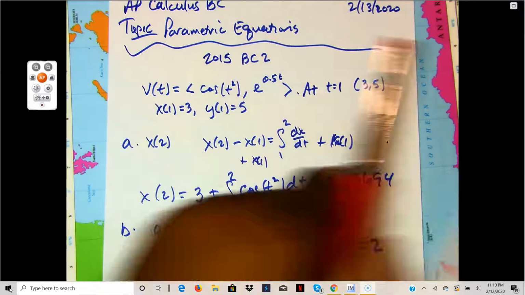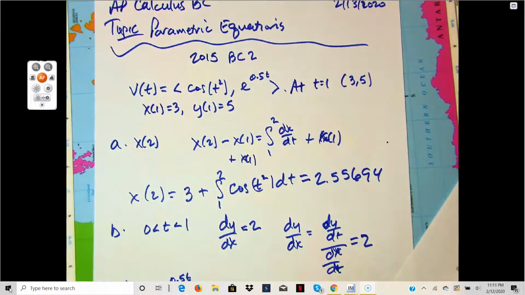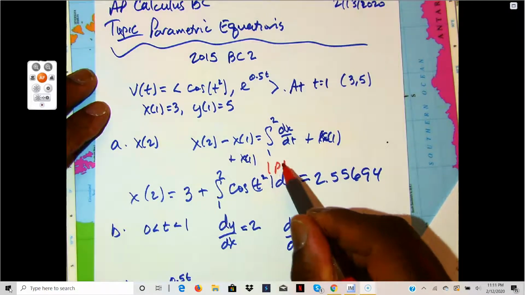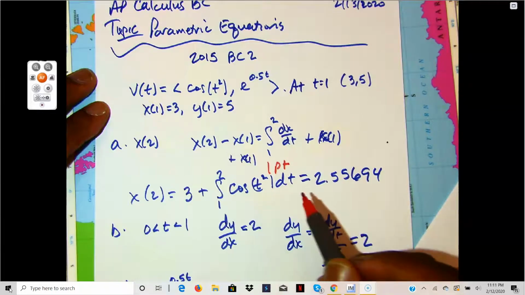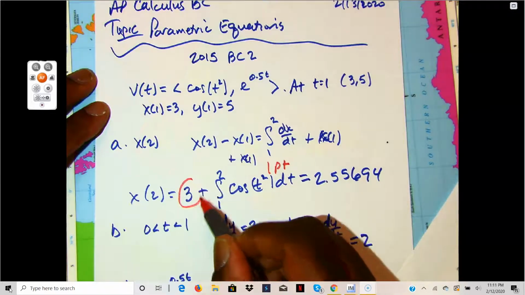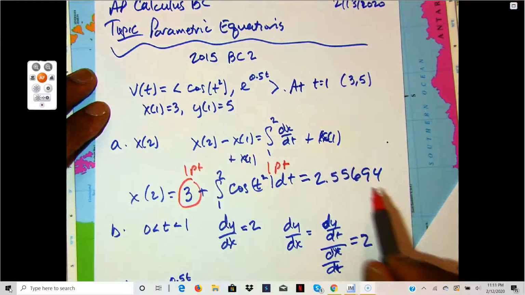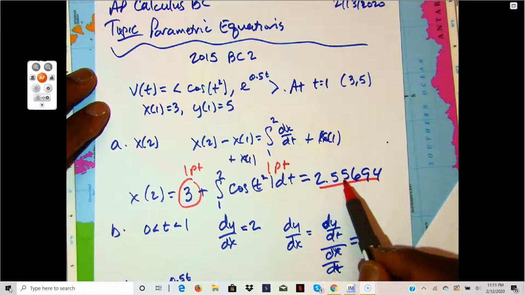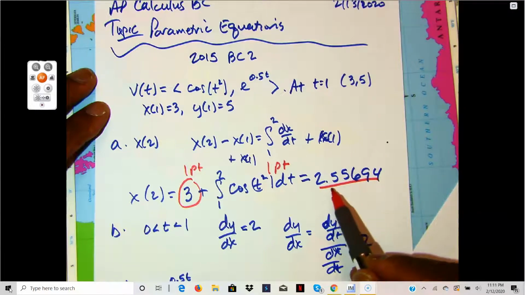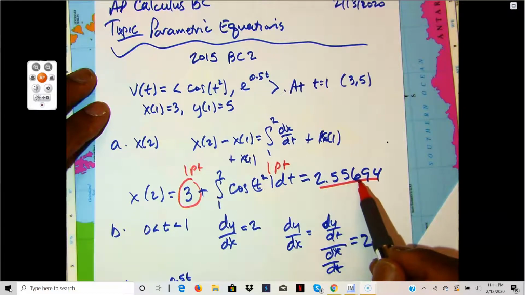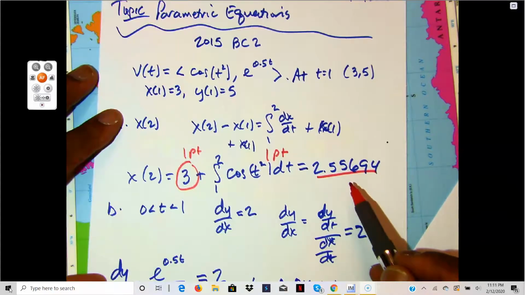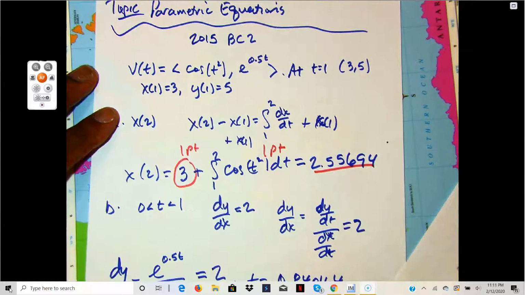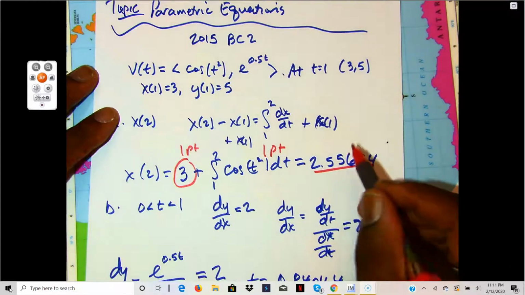You're going to get 1 point for the integral, 1 point for using the initial condition, x of 1 is 3, and then 1 point for the answer. They will accept 2.55 or 2.56, 2.556, or 2.557. But as I've said before, whatever you get in your calculator, just write all of that down. So that's 3 points total.